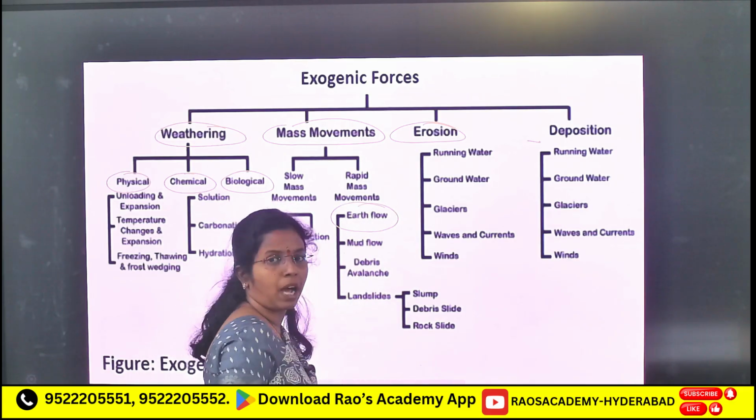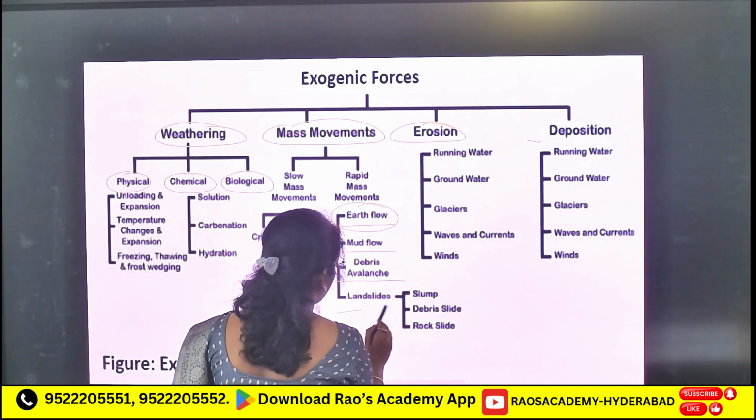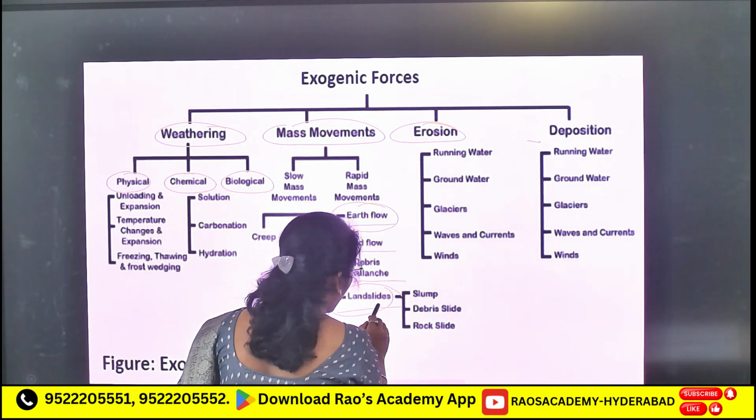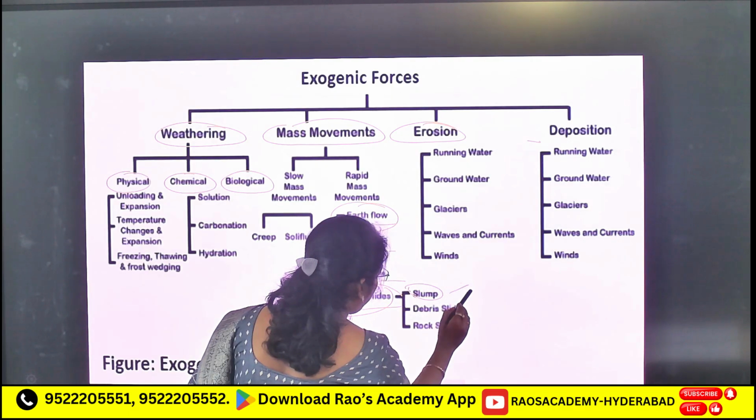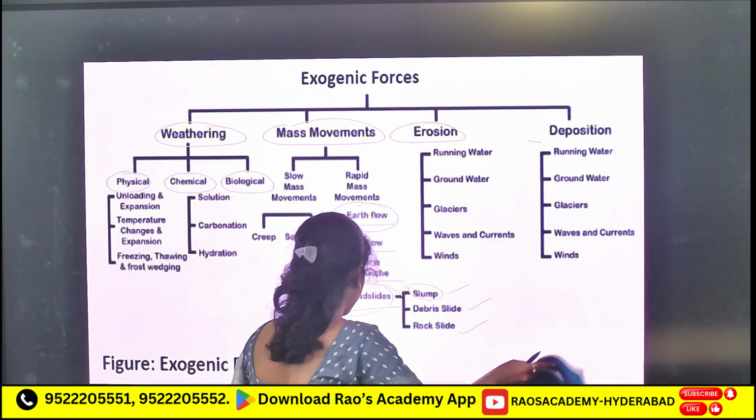In rapid mass movements, we will see earth flow, mud flow, debris avalanche and landslides. In landslides, you will see slump, debris slide and rock slide.